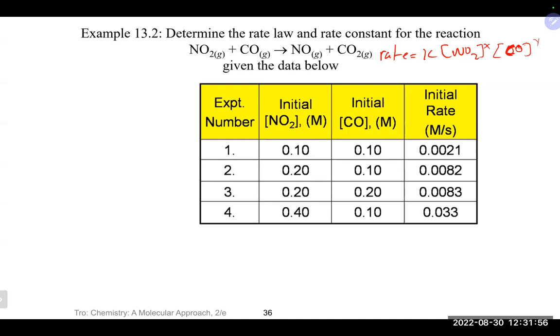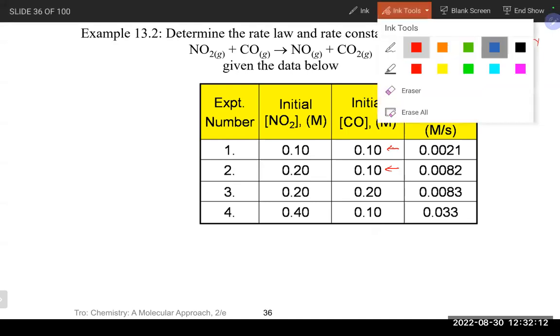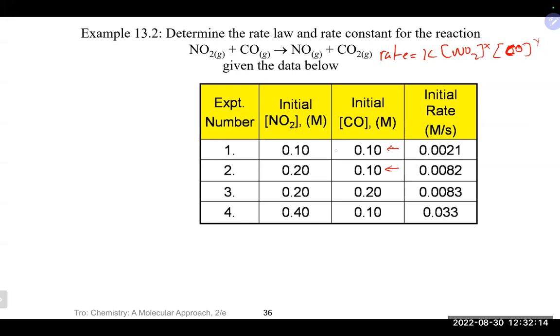So we actually have several different options when we look at keeping the CO constant, right? We could obviously keep it constant by doing those two. We could also keep it constant by doing, say, this one and this one.